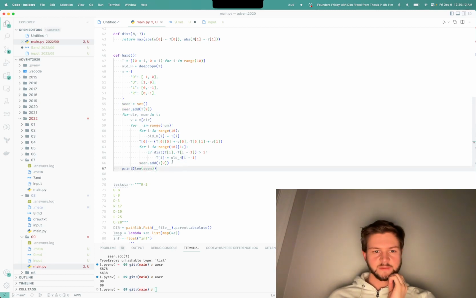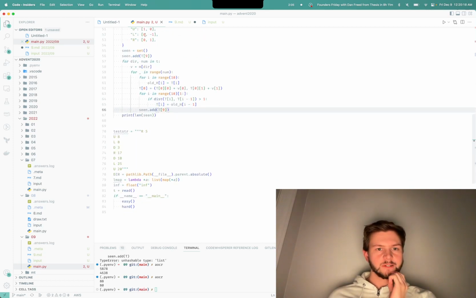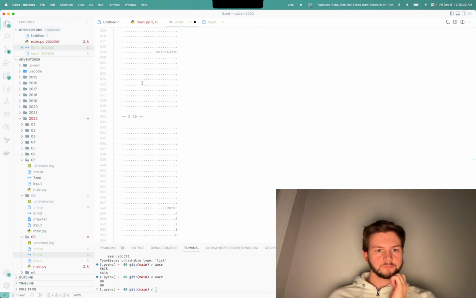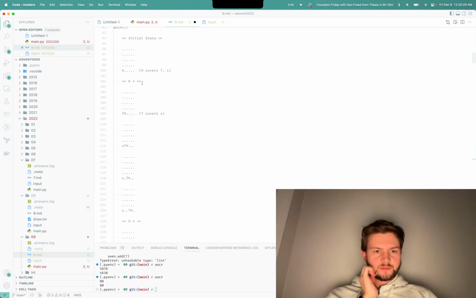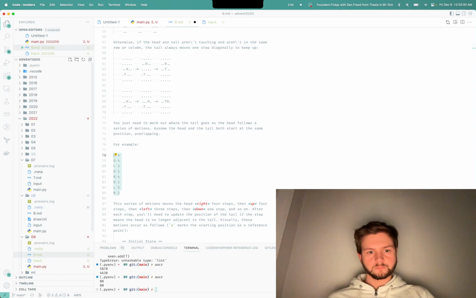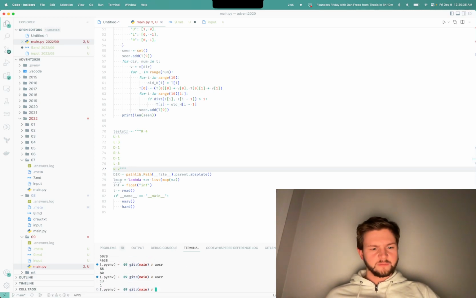Yes, this makes a lot of sense. What's wrong about it? I don't get it. Let's try the smaller example. Maybe we can figure out what's wrong. This should still be 13 for the first one, right?